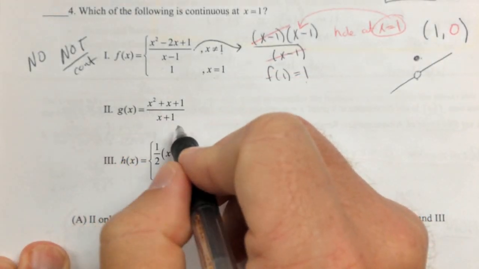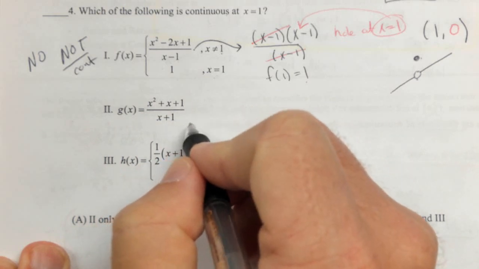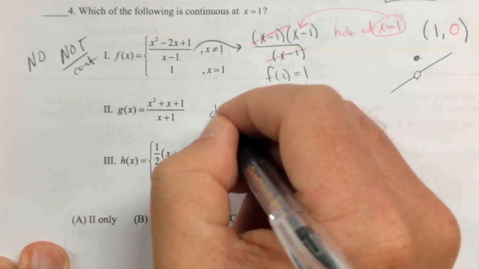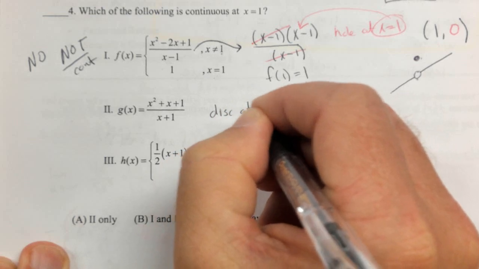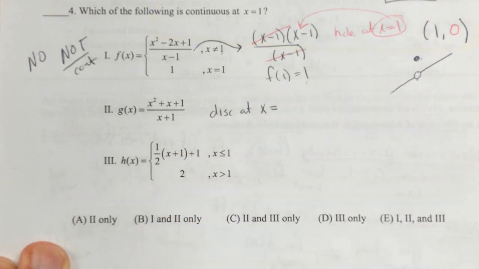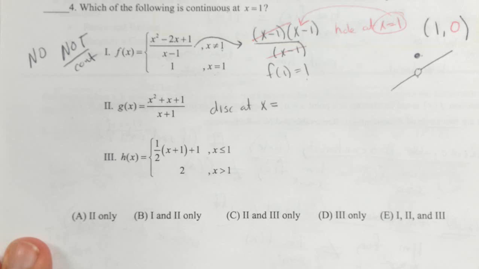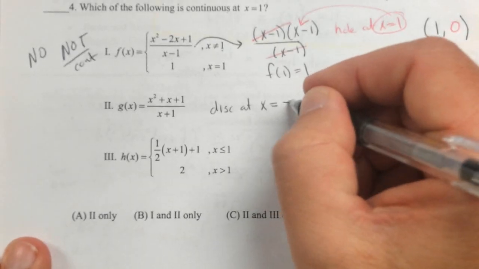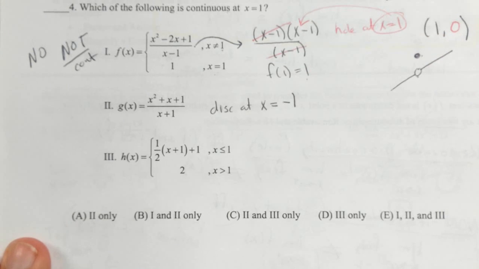Okay. Roman numeral 2. Where is Roman numeral 2 discontinuous? I can't factor the top, so I'm just going to be stuck here. So what value of x would make that graph have a problem? Negative 1. So read the question carefully.